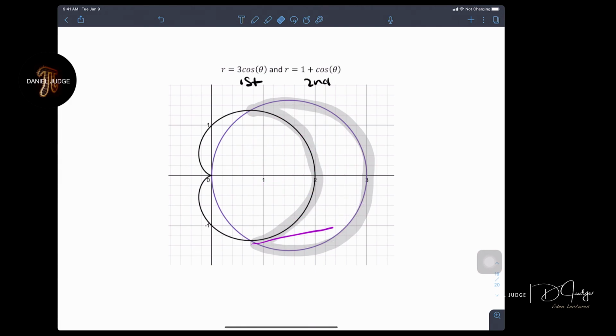And again, we'll have to do that portion again. Okay. This location, this location.